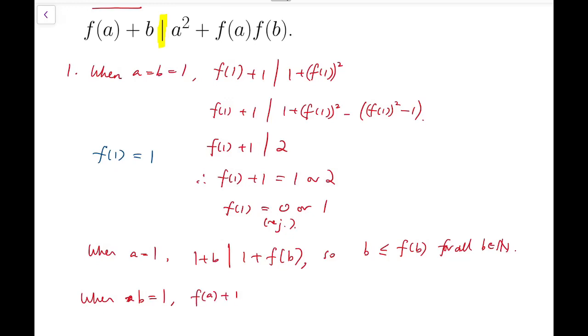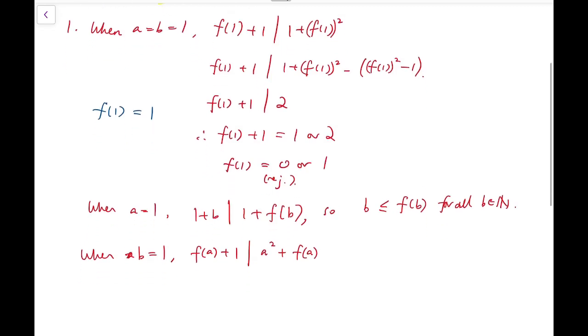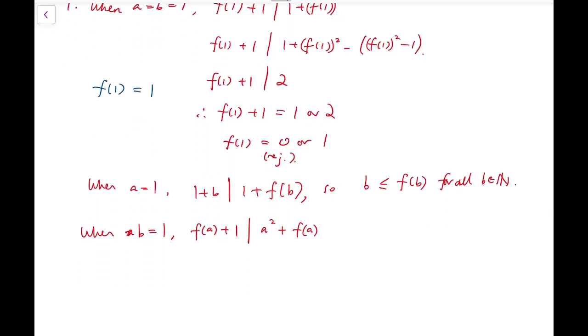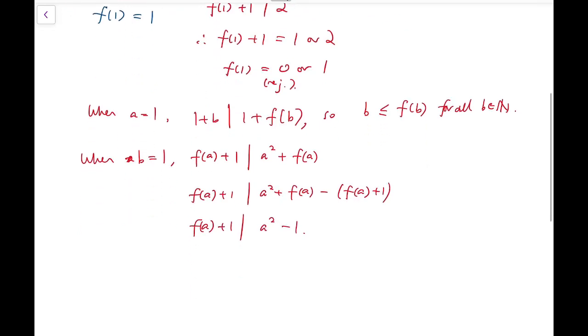Next, when b equals 1, we'll have f(a) + 1 divides a squared plus f(a) times f(1), which is 1. And I'm going to simplify the dividend, which is a squared minus 1.